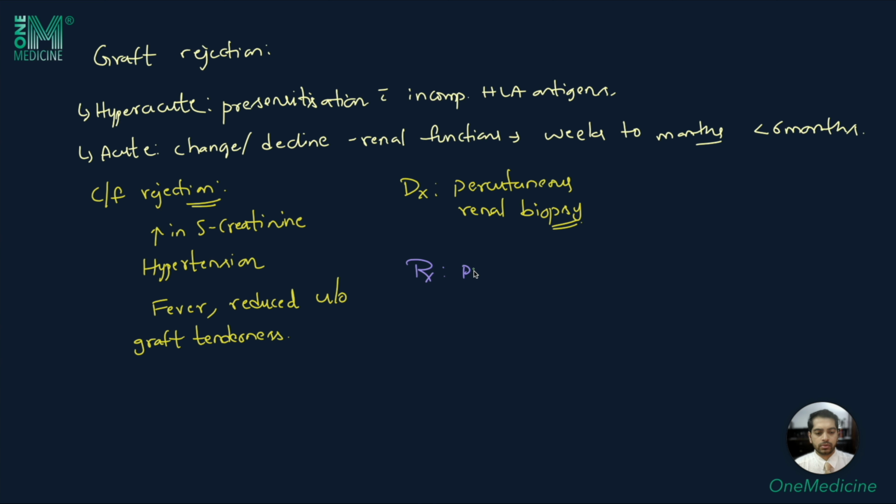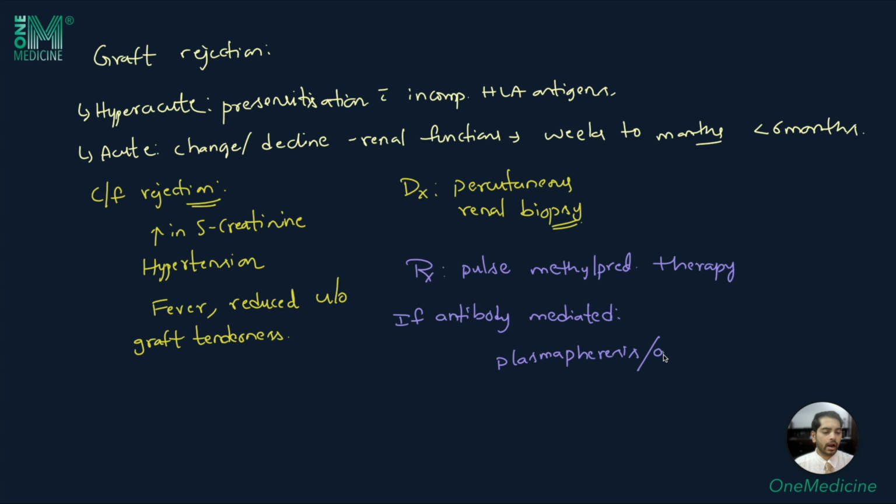Treatment usually involves a pulse methylprednisolone therapy, or if the rejection is antibody mediated, then patient can be subjected to plasmapheresis or anti-B cell therapy.